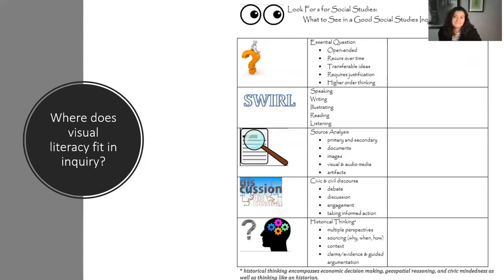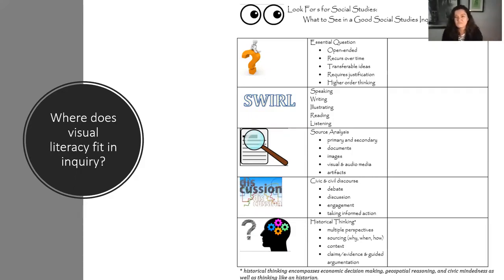And the real answer is anywhere. Visual literacy can fit anywhere in any of these categories of good social studies instruction. You could be speaking, writing, or listening to someone's analysis of a visual.